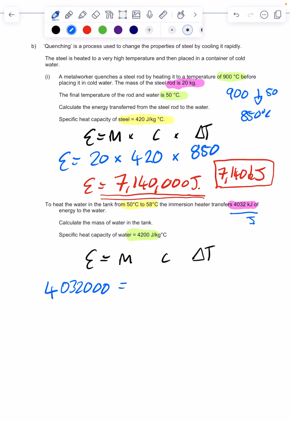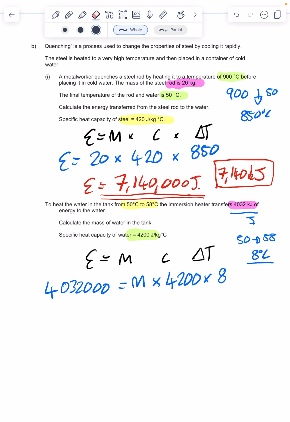That's equal to the mass, which we want to work out. Then we've got the heat capacity of 4,200. The temperature change has gone from 50 to 58, so that's 8 degrees Celsius. We can then rearrange our calculation to work out mass.